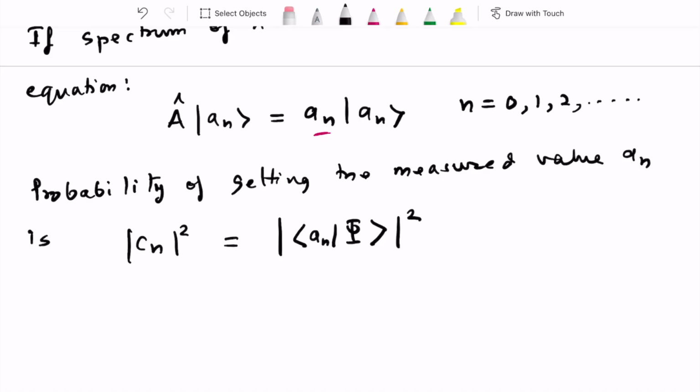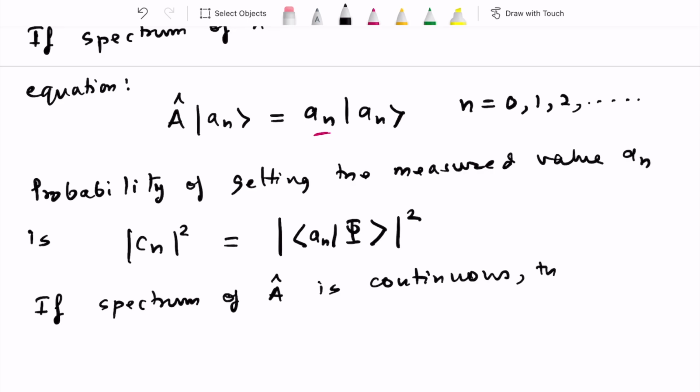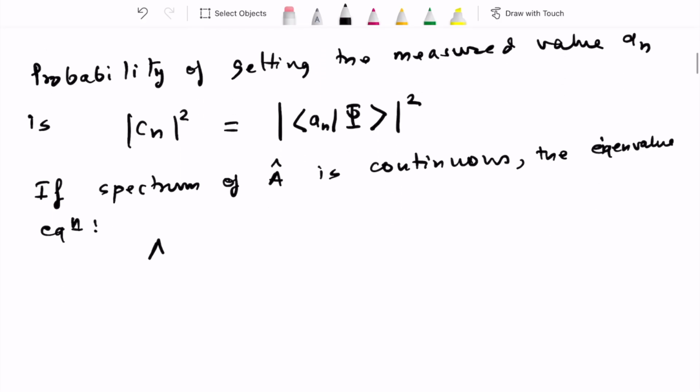Now, if the spectrum is continuous, so suppose A is position or momentum. These operators have continuous spectrum. Then the eigenvalue equation would be as follows.